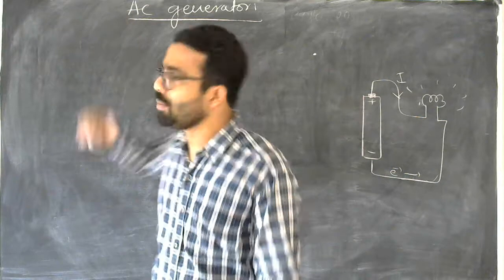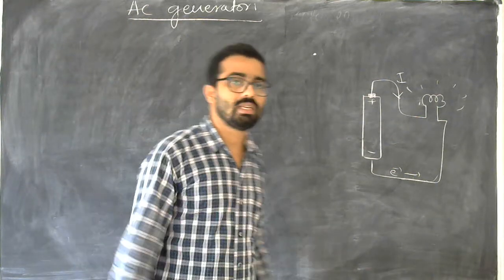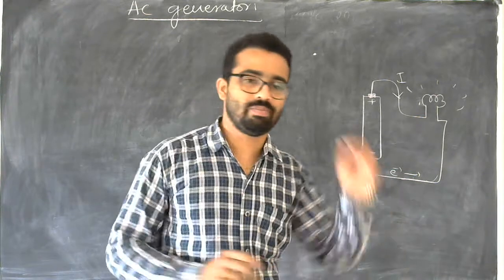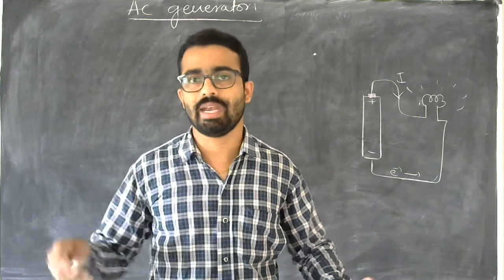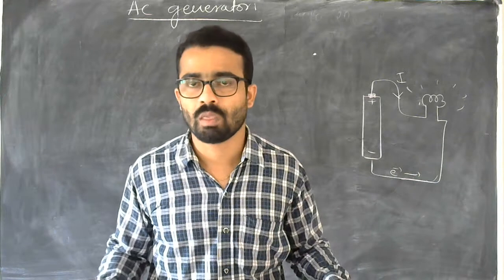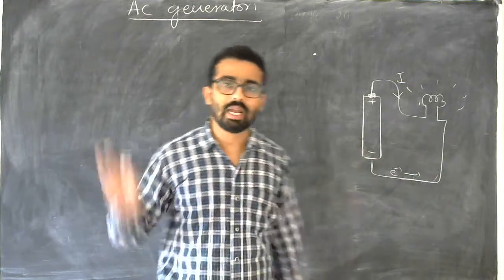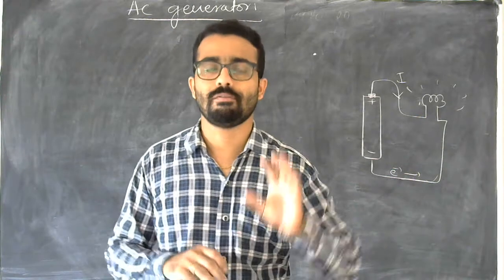But AC is another kind of energy. AC means alternating current. The name itself says that it is alternating. It changes with respect to time. So the main difference between DC and AC is the direction of flow of charges.